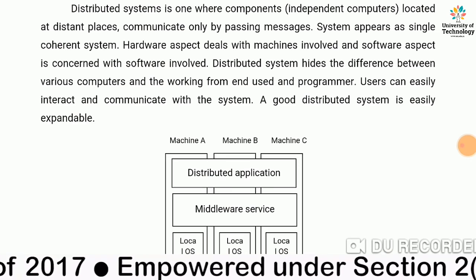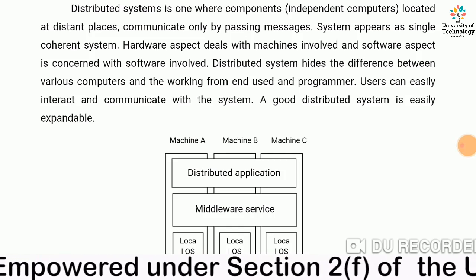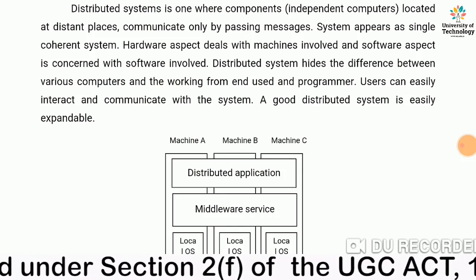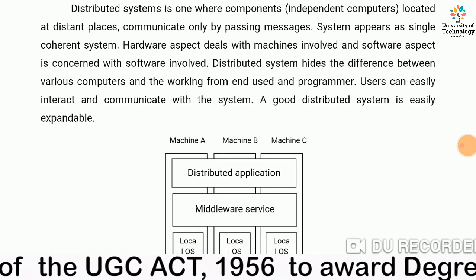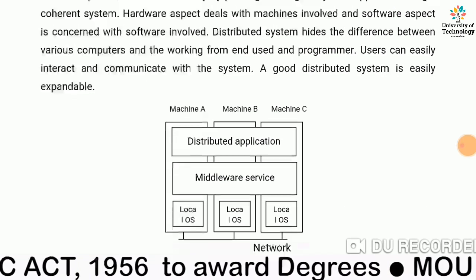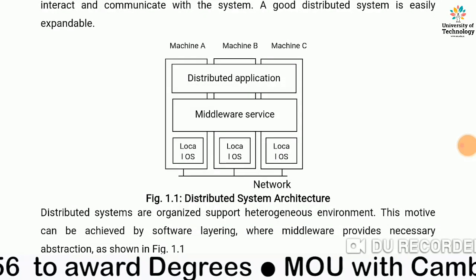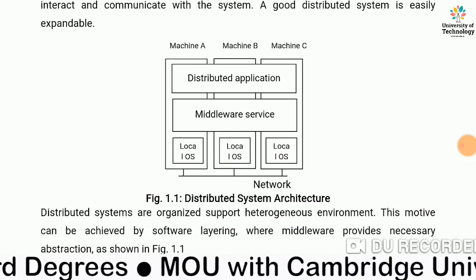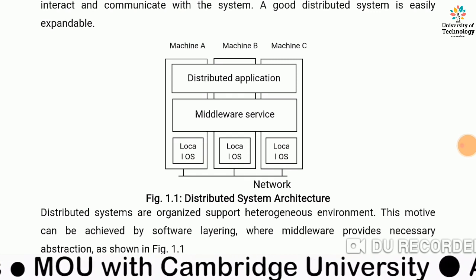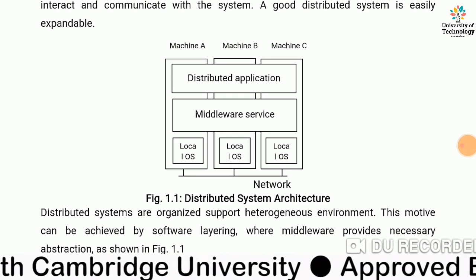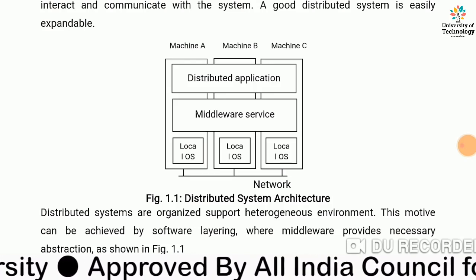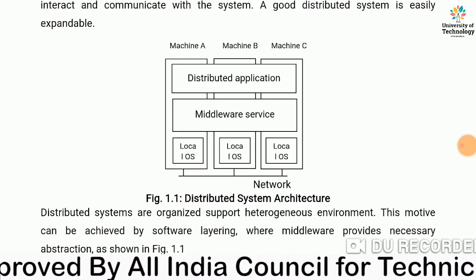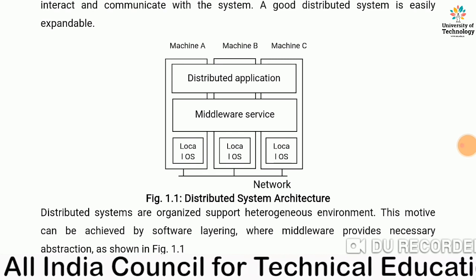A distributed system is one where components located at distant places communicate only by passing messages. Here you can pay attention to the distributed system architecture. The diagram shows the distributed application, middleware service, and machine A, machine B, machine C, each with its operating system.